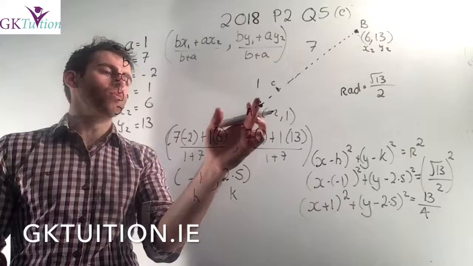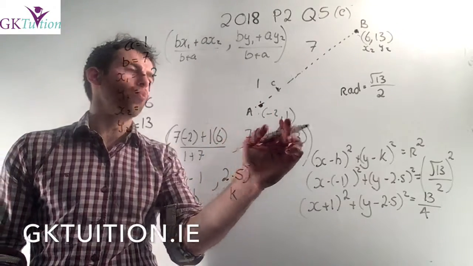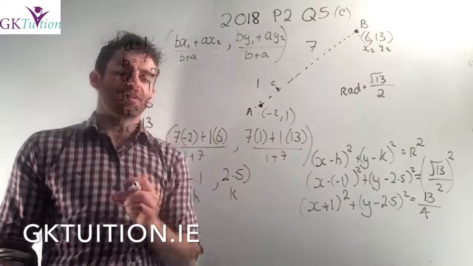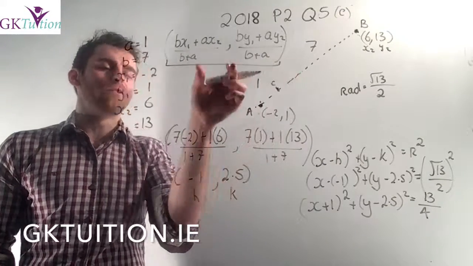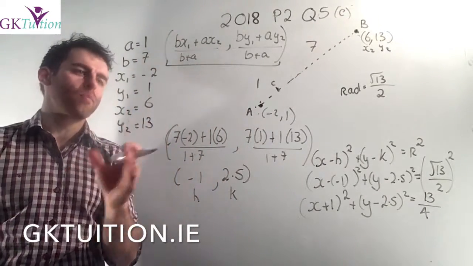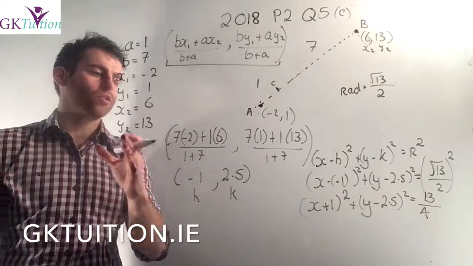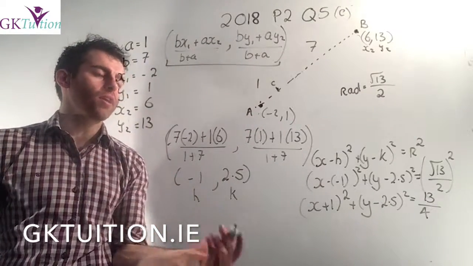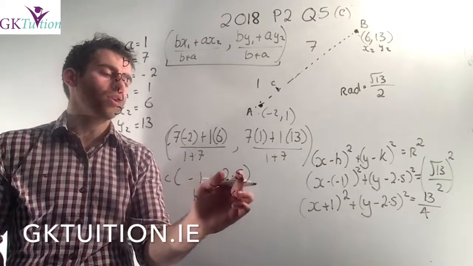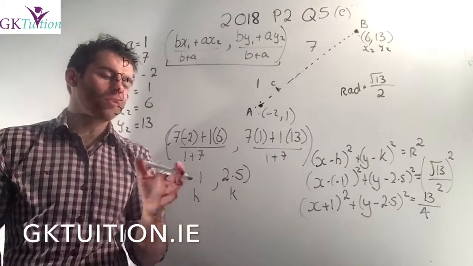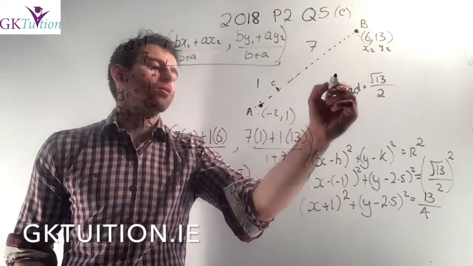My x1, y1 is -2 and 1, and my x2, y2 is 6 and 13. My formula in the log tables: always write out your formula and the information you have. Once you've done that, it's foolproof. You just sub in your values and you work out that the center of the circle S is -1, 2.5. So now you know the center of your circle and you also know the radius.